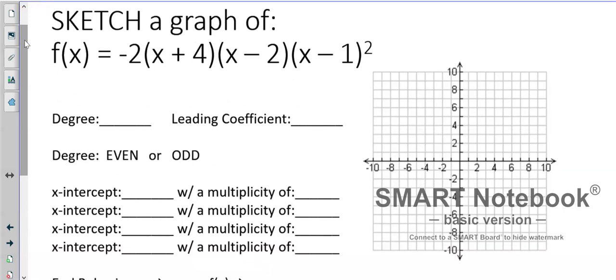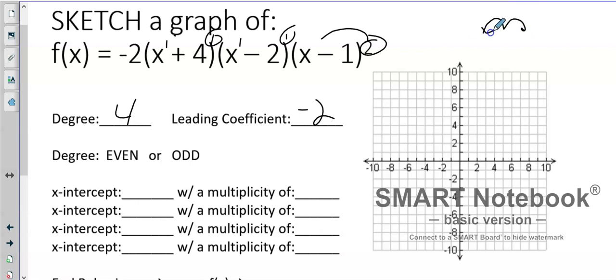So what's the degree? Well, this is x to the 1. This is x to the 1. And this is really going to end up being x squared. So 1, 2, 3, 4. The lead coefficient is -2. That tells us it is going to be upside down and it's going to be an m. It's also going to be a little narrower because of the 2. Well, that is an even number.